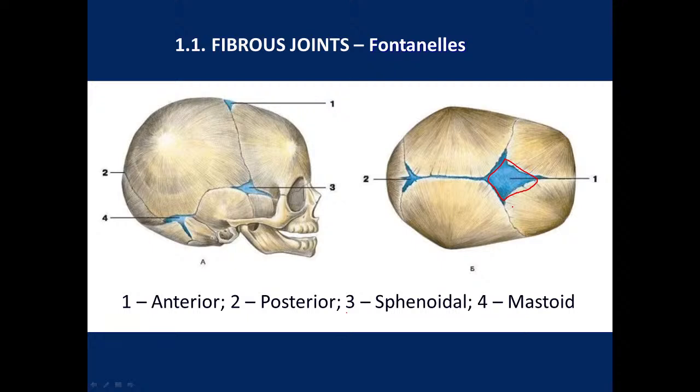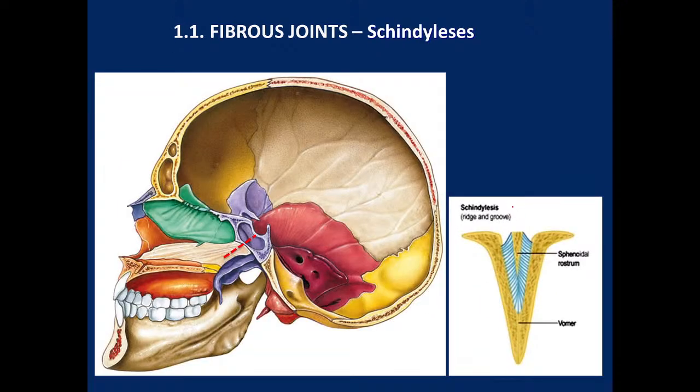So fontanelles again are joints we see only in the newborn skull.